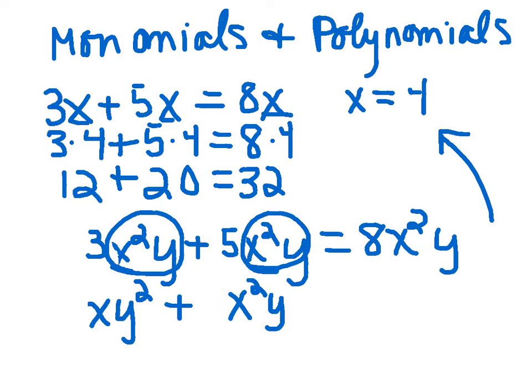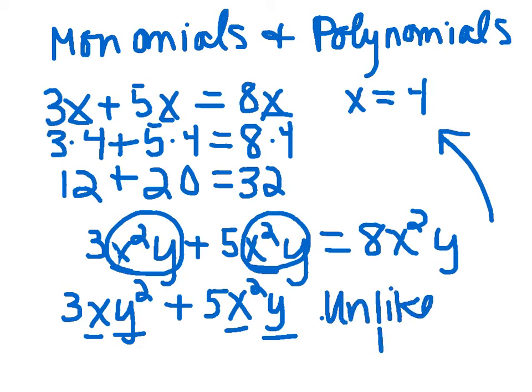When I take away the coefficients, do I have exactly the same thing? The answer is no. An x times a y squared is a different number than an x squared times a y. So I can give this any coefficient, and I cannot simplify these because they are not like terms. You cannot combine.